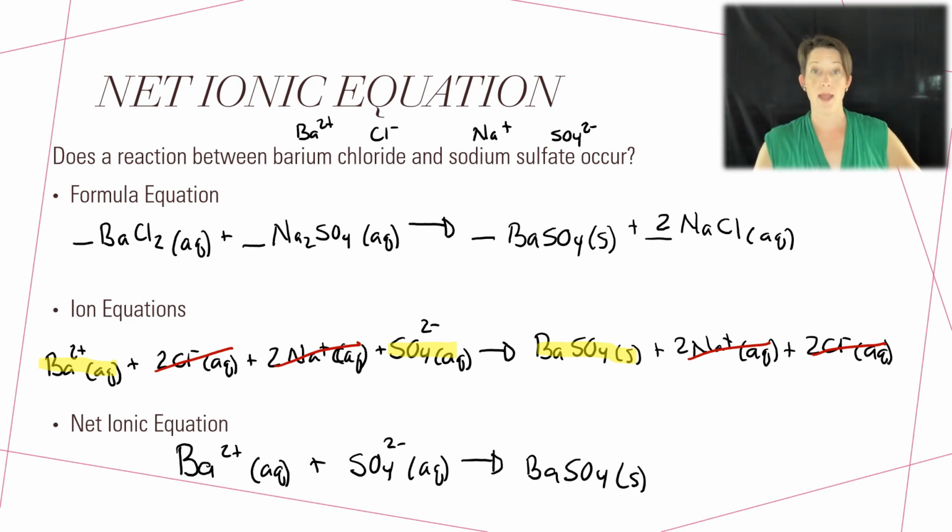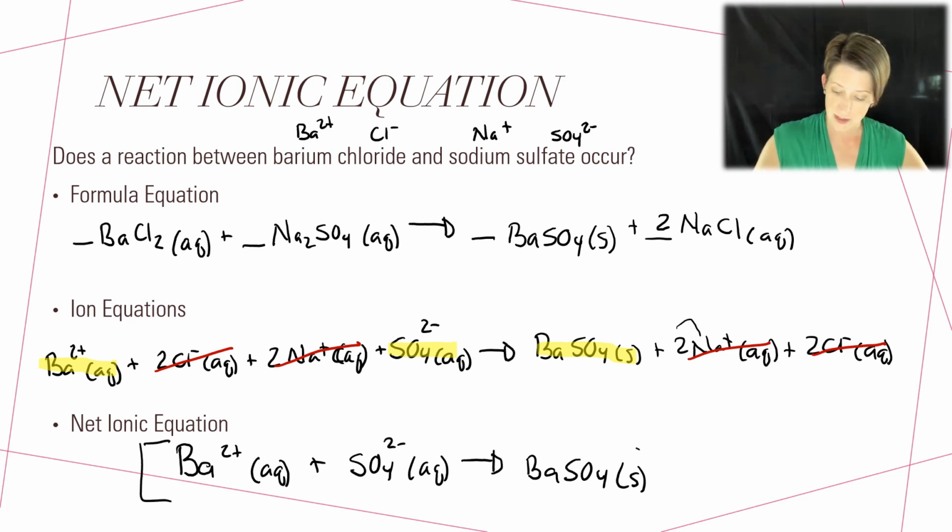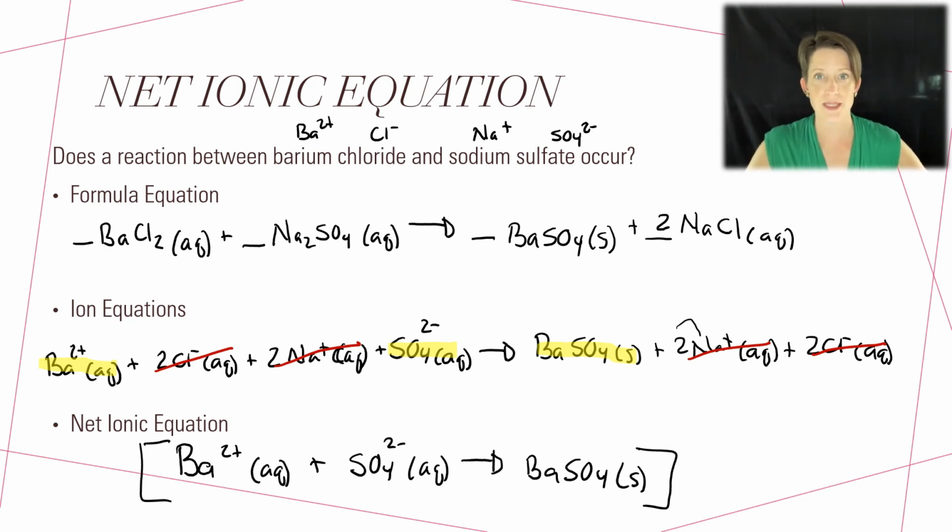Notice that I kept the balancing all the way through. If there was a coefficient or a subscript, they went with their associated ions. So our net ionic equation could have a coefficient with it depending on the elements we are working with. But this is the ultimate test: that is the metathesis reaction. That is what we were looking for.